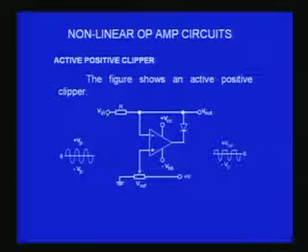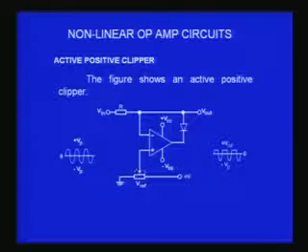But when the input goes positive with reference to the other terminal, the output will become positive. At that stage the diode will be reverse biased, so the diode will be open, and the output will remain equal to the voltage at the other terminal. Initially you should get a half wave rectified signal.